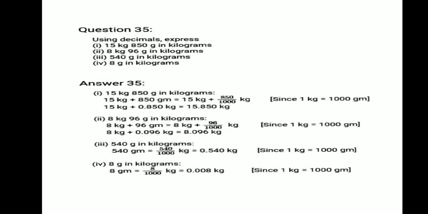Second, third, fourth, fifth and sixth, all questions are the same. You can understand easily. Now I'm going to explain question number 35, and this question is also according to 33 and 34.